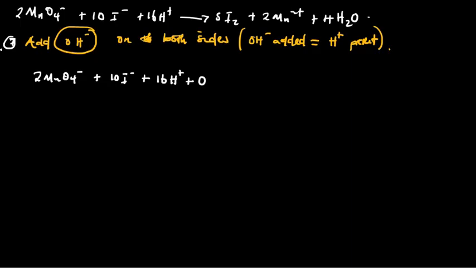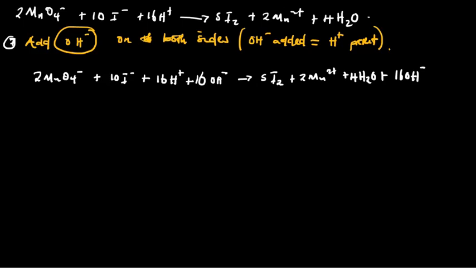So we are going to add 16 OH- on the left side. You proceed, you add the other things that you have. You just copy the equation the way it is, plus 16 OH-.